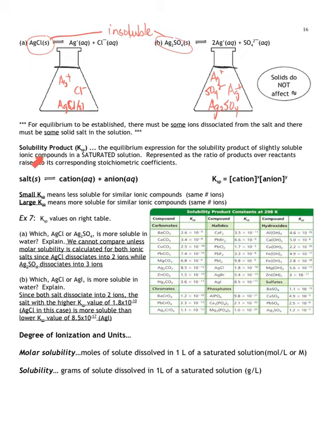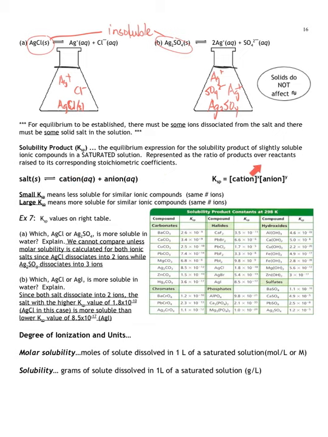So let's get into the expression. The expression for solubility of any slightly soluble ionic compound in a saturated solution, once again, it's usually an insoluble or slightly soluble salt, is represented as a ratio of products over reactants raised to their stoichiometric coefficient.